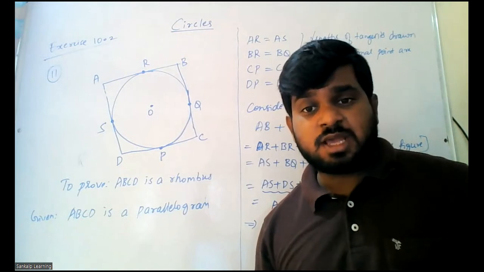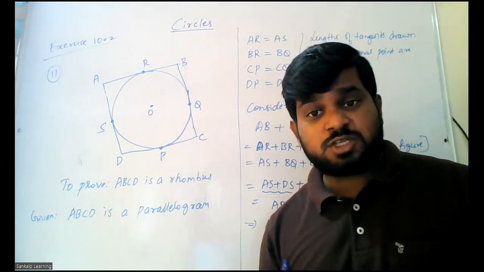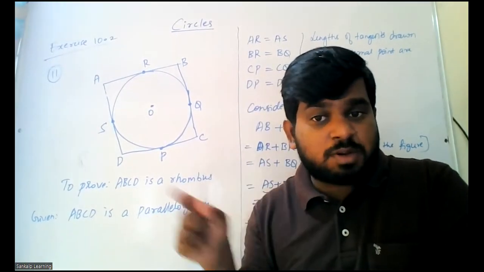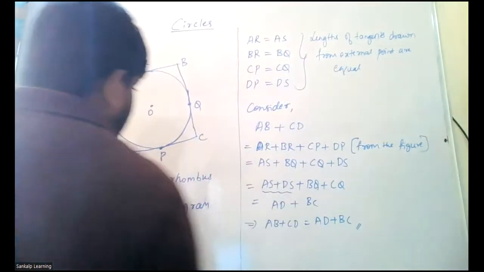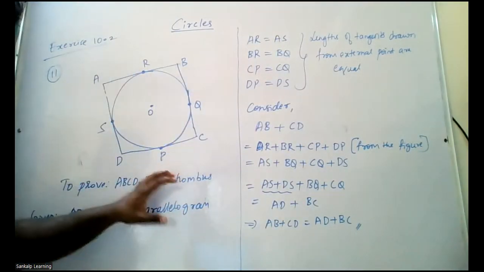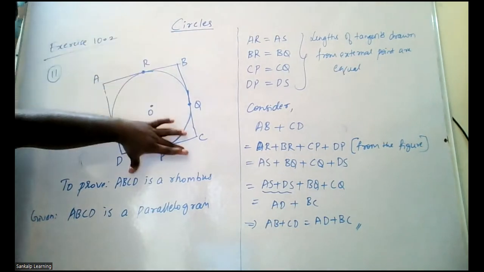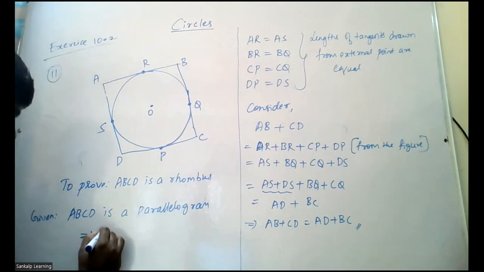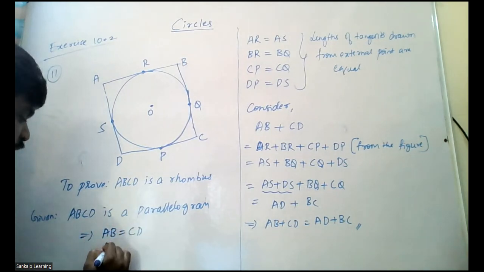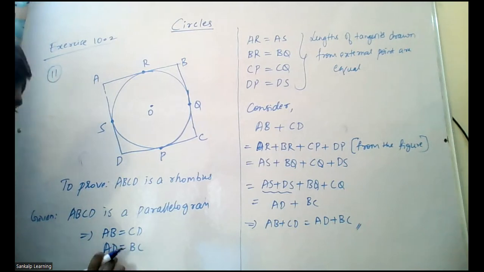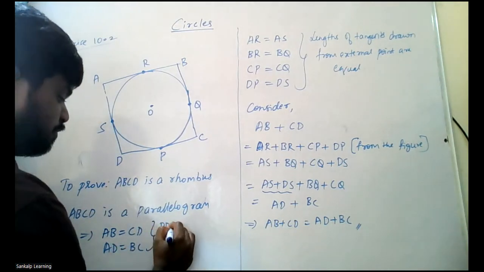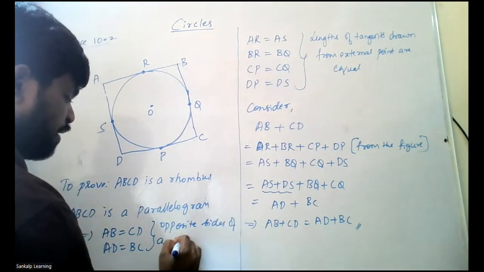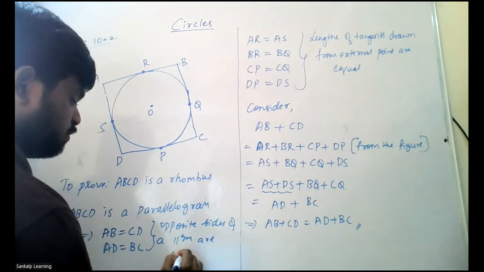Now, what is a rhombus? A rhombus is also a parallelogram in which all the four sides are equal. In a parallelogram, only the opposite sides are equal, but in a rhombus, all the four sides are equal. ABCD is a parallelogram, which implies the opposite sides are equal, AB equals CD, AD equals BC, because opposite sides of a parallelogram are equal.